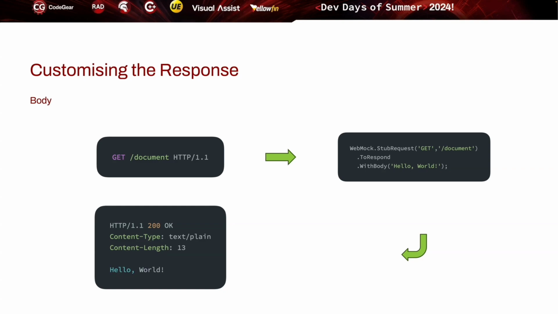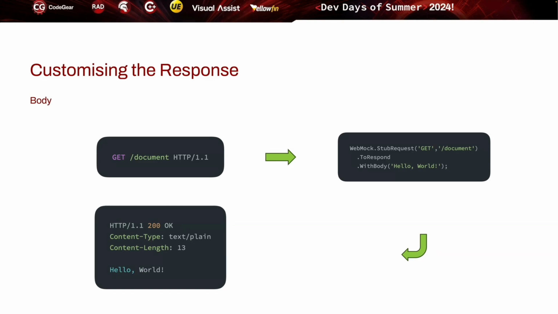And we can see here the response content on the left hand side coming back as text plain with the content length of 13. And the thing you should note here is that with body, by default, if you just give it text like this, it will respond back with text plain by default, being the content type.